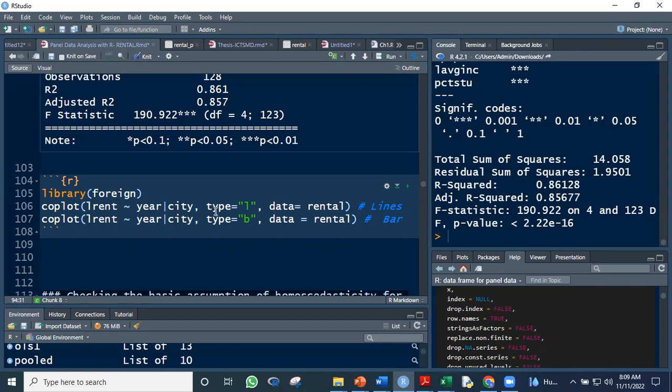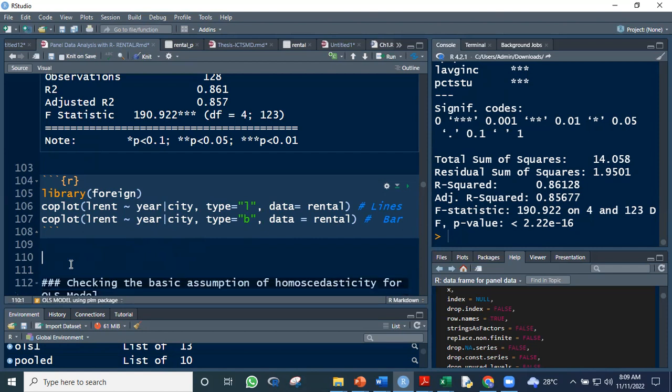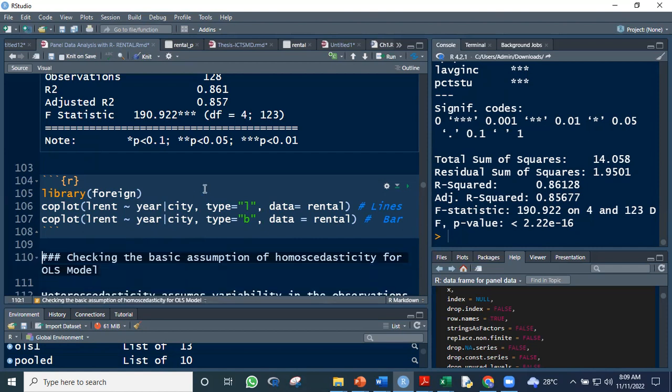If we have only, let's say, 10 cities maybe, or even less than 10, this would work well because you can see the movement of log rent over the years, year one and year two. It will compare 1980 and 1990 across different cities, so that you'll have a very good comparison. Maybe we'll have another example where we can see how this works, using a data that does not have so many cross-sectional units.